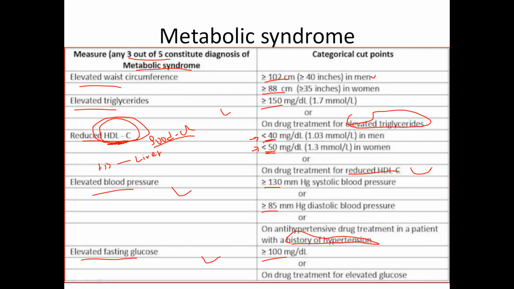That is why we say good cholesterol. For example, if you take LDL, which we call the bad cholesterol, its function is to bring cholesterol from the liver into the periphery.